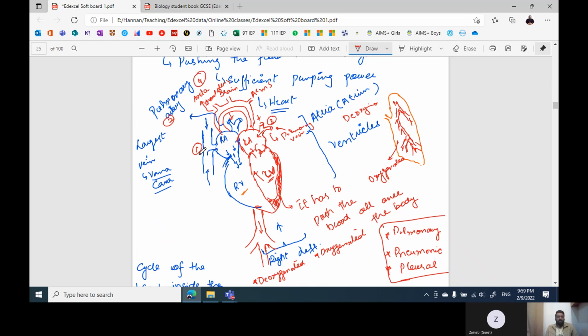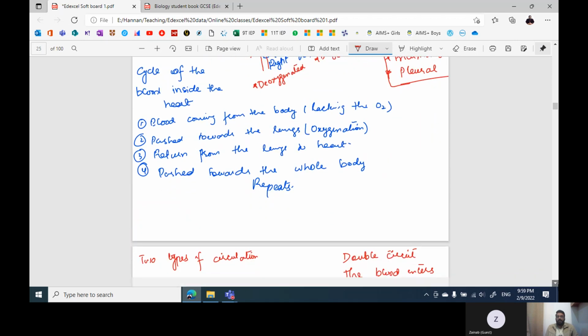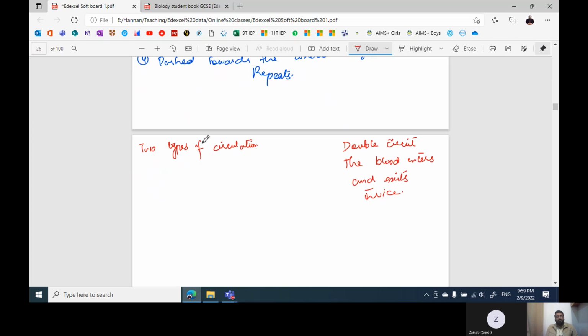So entry twice, one right atrium, second left atrium, and exit twice, one from the right ventricle towards the lungs and one from the left ventricle towards the body. So the blood enters and exits twice from the heart.